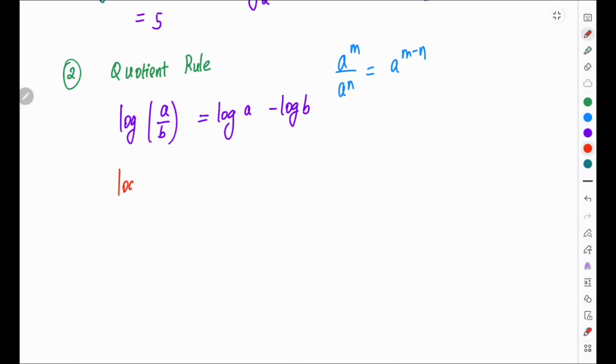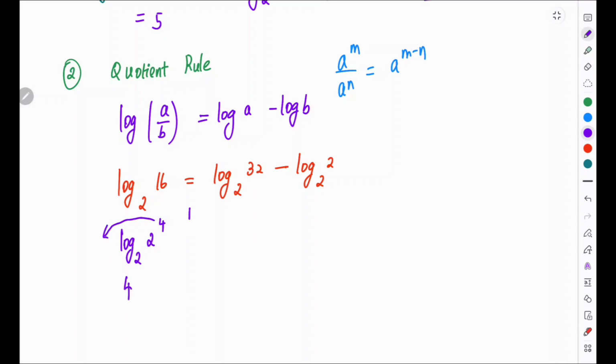Again, if I consider say 16 to the base 2, I can write log 32 to the base 2 minus log 2 to the base 2. So this is nothing but log 2 power 4 to the base 2. This 4 will come here, so you will get 4 for the left side.